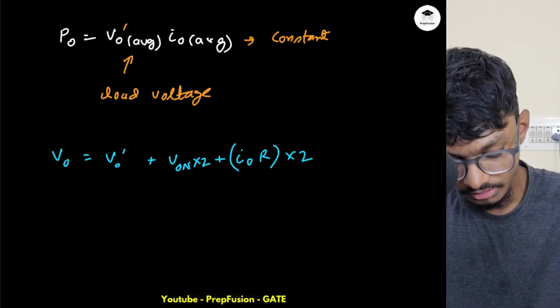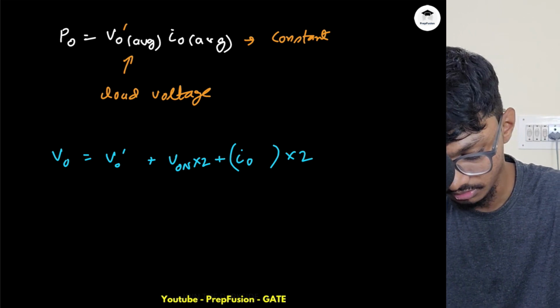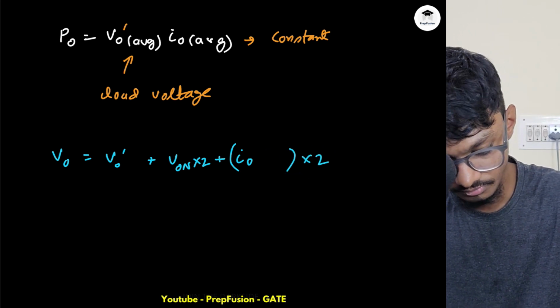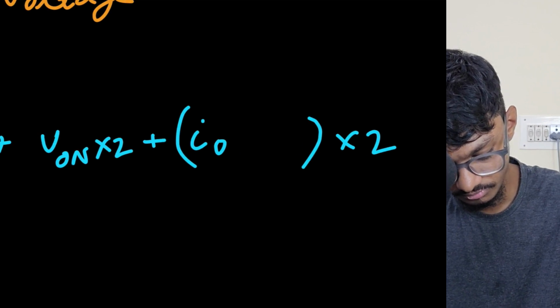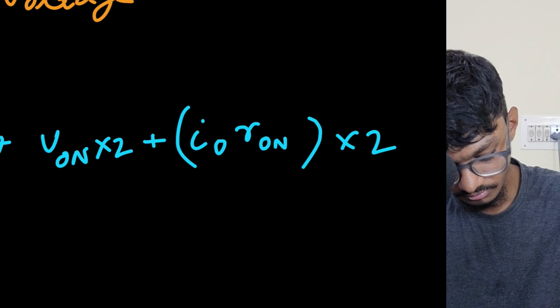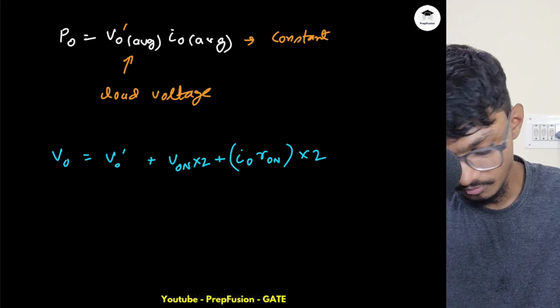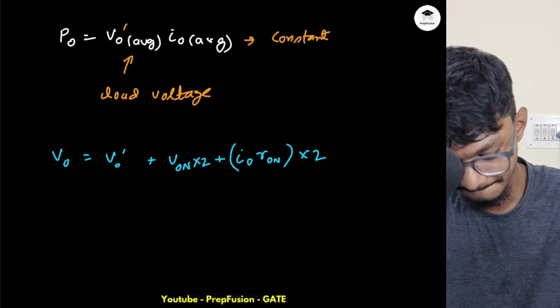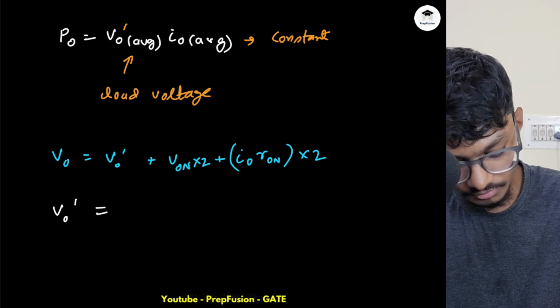Now I know V on, I know R, this is R on, not simple capital R. I need to find out VO dash. So I know VO.